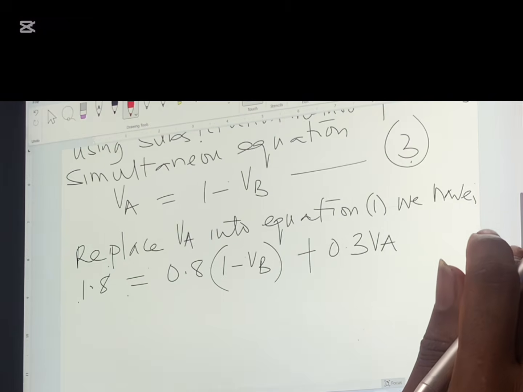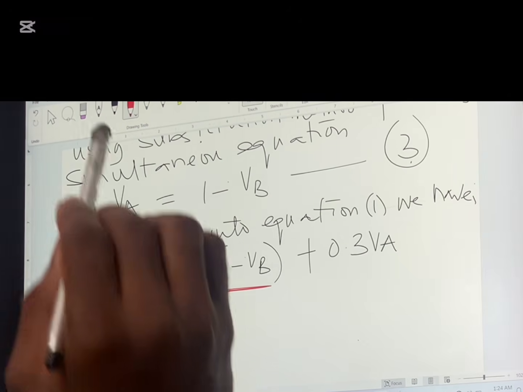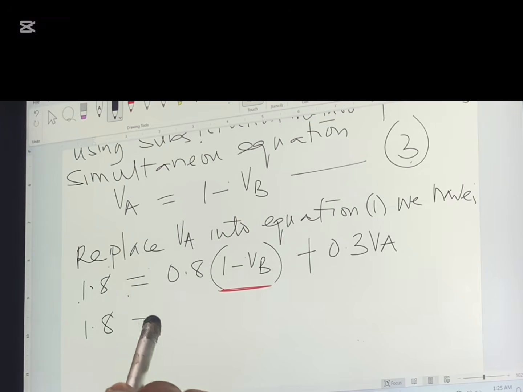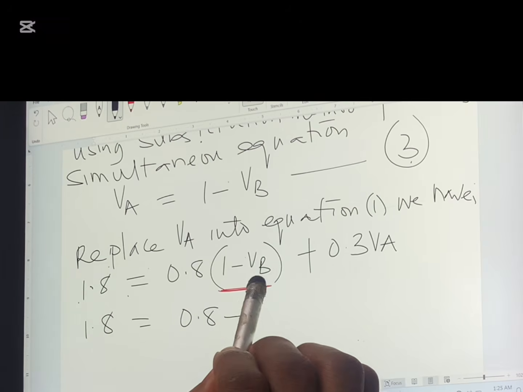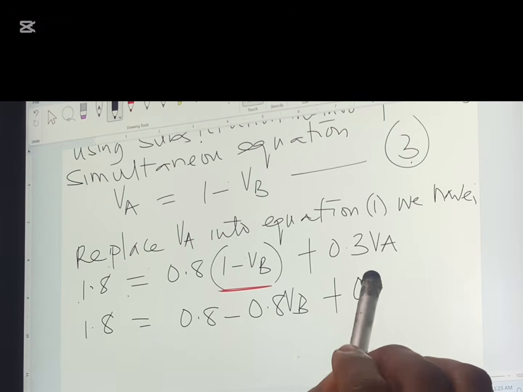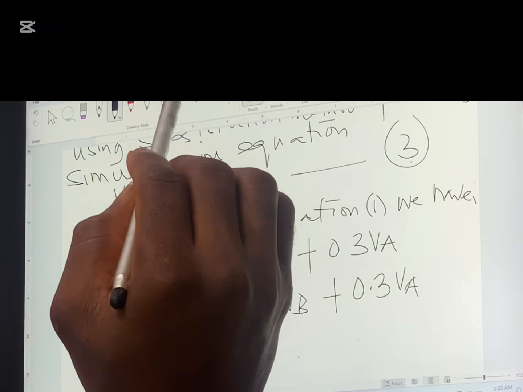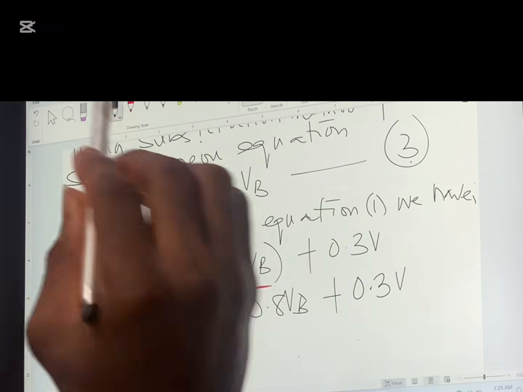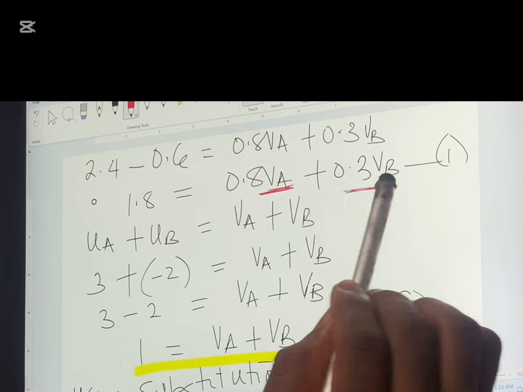So the next thing I'm going to do is to open this bracket. 0.8 times 1 will give us 0.8, minus 0.8 times VB will give us 0.8 VB, plus 0.3 VB.